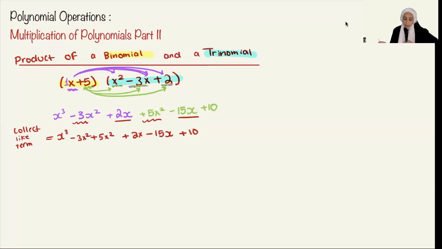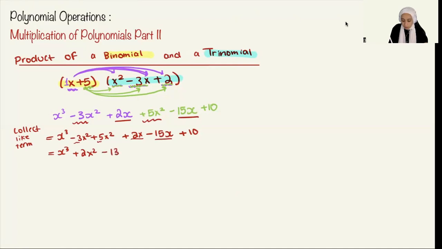Okay? All right, now let's simplify these like terms. So I'm going to have x cubed, and then negative 3x squared plus 5x squared. I do the coefficients on their own. That's 5. If I have 5x squared and I take away 3x squared, then I'm left with a positive 2x squared. Same thing over here. I have 2x and negative 15x.